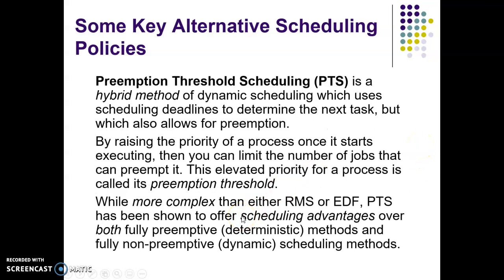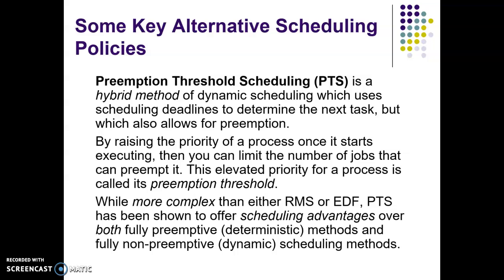Now here's a newer one called preemption threshold scheduling, PTS. It's a hybrid method of dynamic scheduling which uses scheduling deadlines to determine the next task, but which also allows for preemption. By raising the priority of a process once it starts, you can limit the number of interruptions.